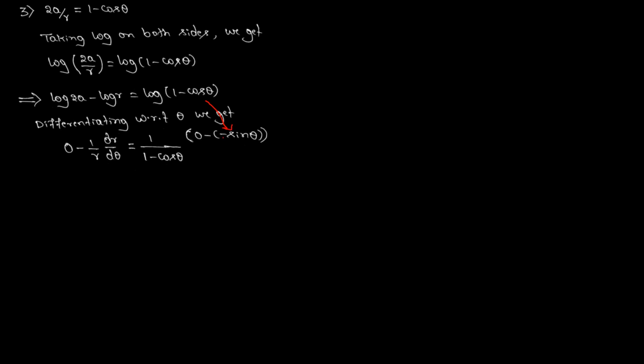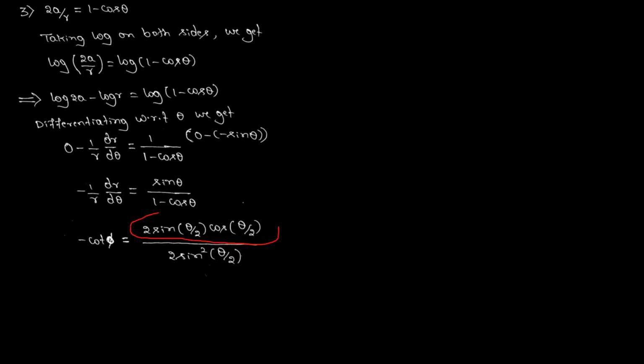In the next step this minus into minus gets plus, so we have this. Now let us use the trigonometrical identities for both numerator and denominator. And in the LHS, 1 by r dr by d theta is cot phi, we have written, that is minus cot phi we get.